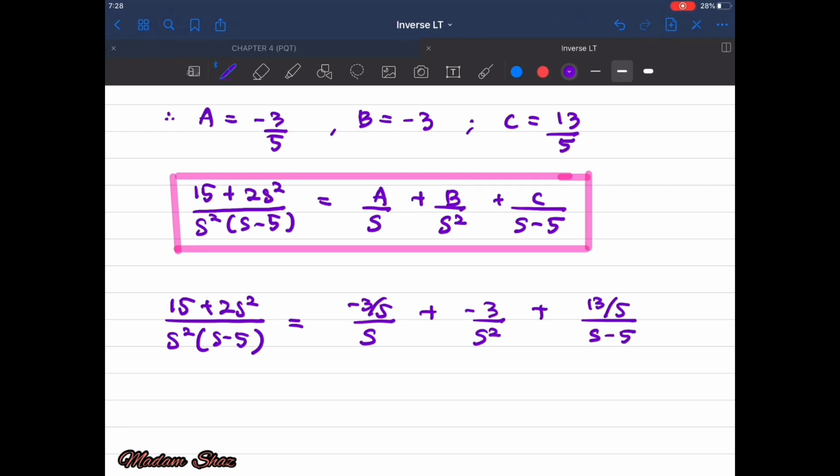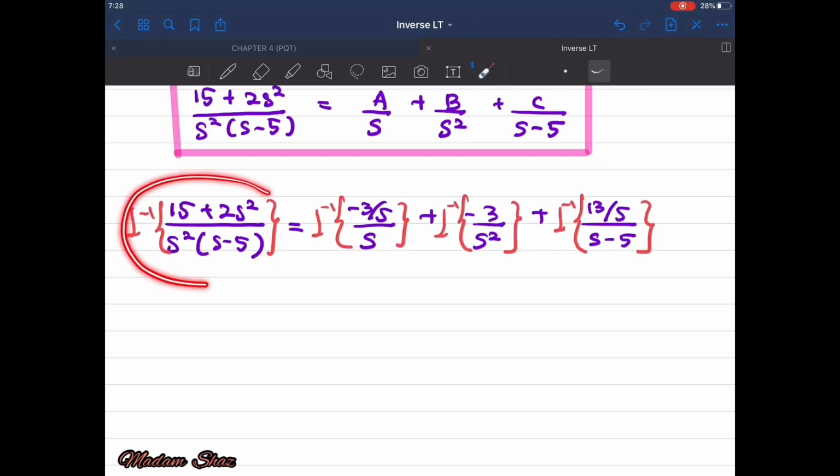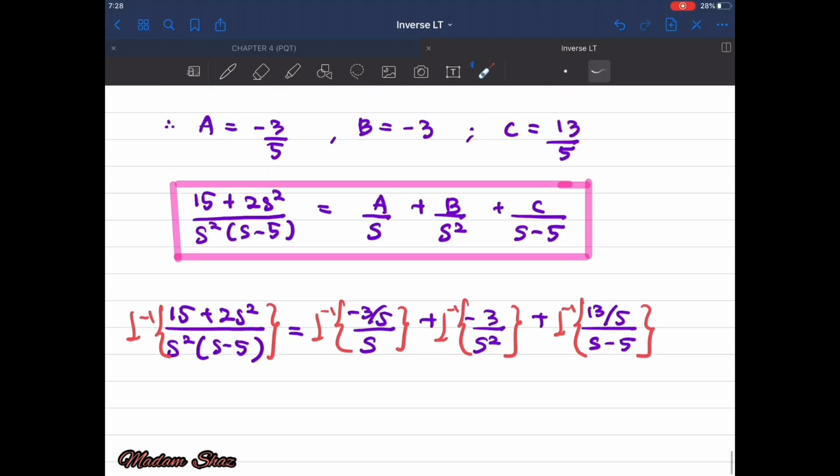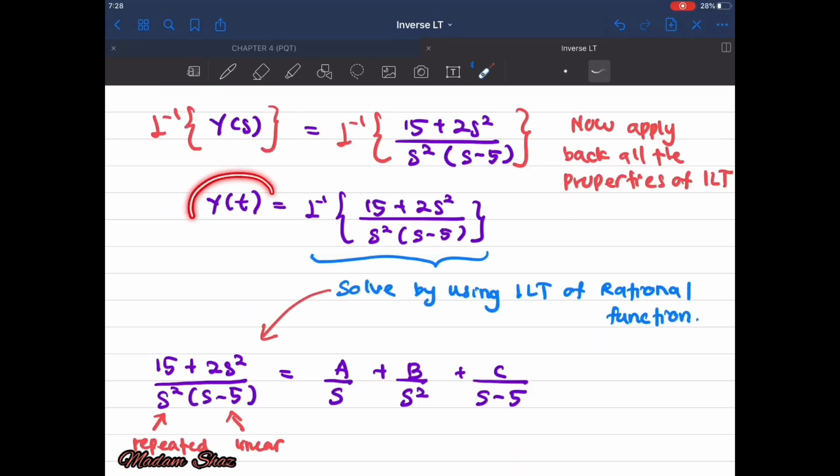So now this one we need to solve inverse Laplace transform. So write Laplace inverse for every single term that we have. Laplace inverse 15 plus 2s square, this one is equal to y(t).